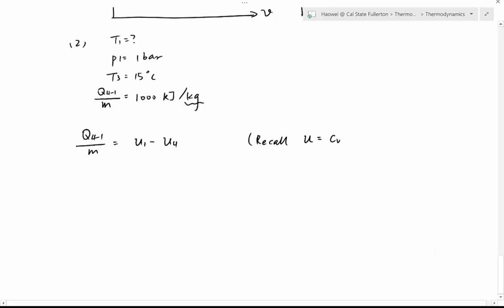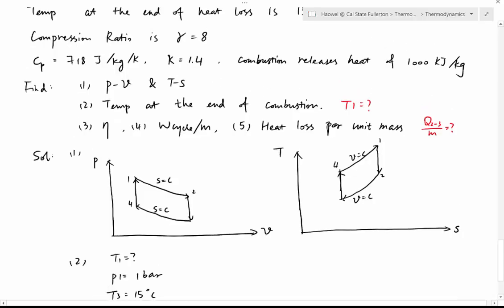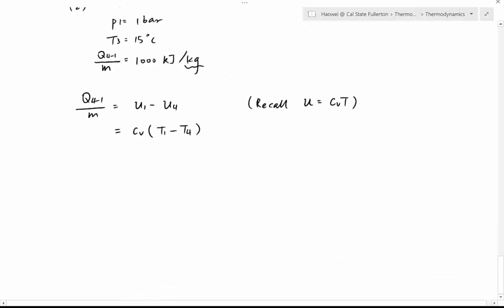It's Cv times T. And we always treat Cv as a constant in this class. So now we take Cv out of the two u's. What is left is T1 minus T4. Okay, so now do we have Cv? We don't have Cv. We have something really, really close. What is that? We have Cp and k. Is it possible for us to find Cv from Cp and k? Yes. Let's recall.